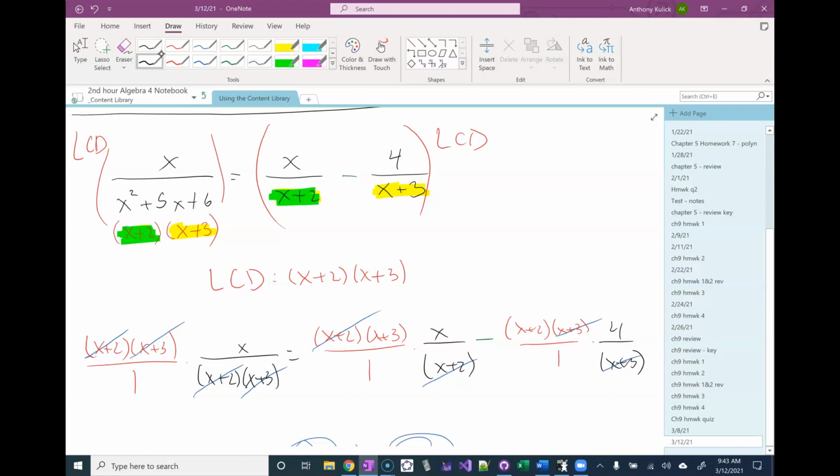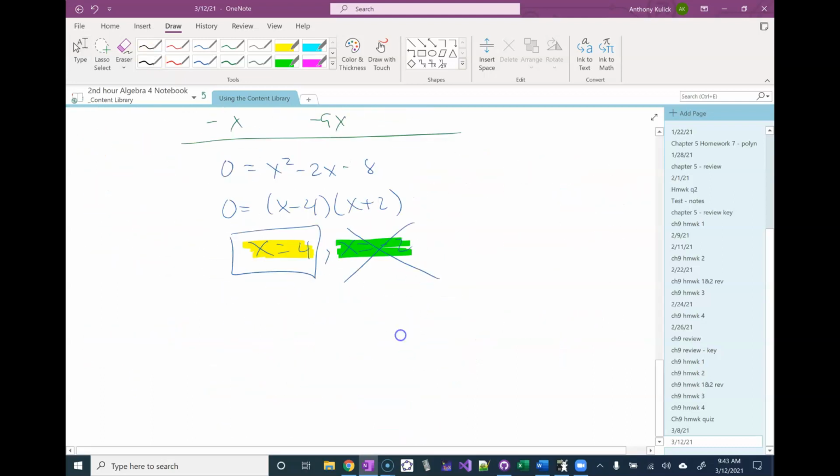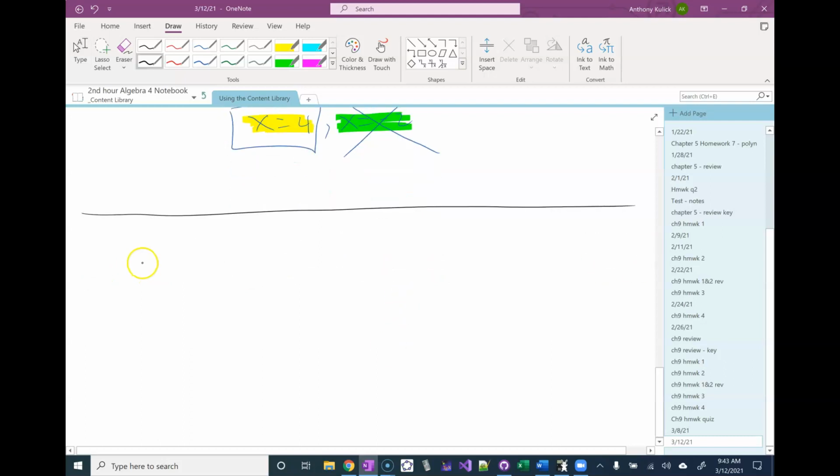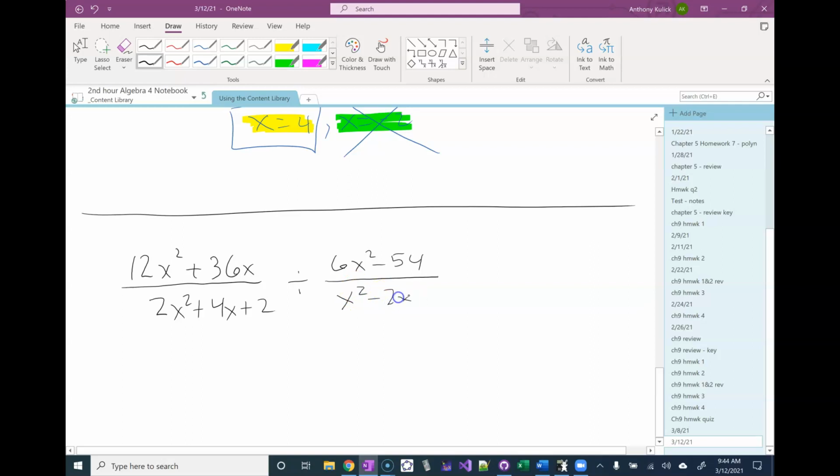Okay. Emma. Sure. So let's just say that we have 12x squared plus 36x over 2x squared plus 4x plus 2, divided by 6x squared minus 54 over x squared minus 2x minus 3.